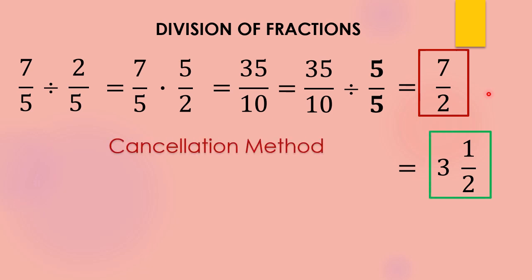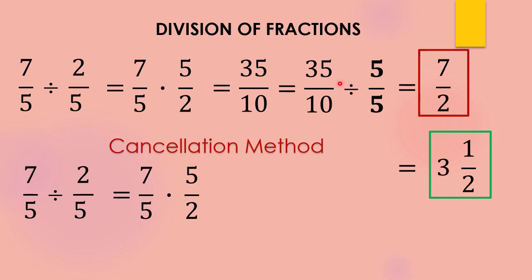Okay? So let us use the cancellation method to see if we will have the same answer. 7/5 divided by 2/5. So in the cancellation method, again, first we need to change the division symbol into a multiplication symbol and then get the reciprocal of 2/5.